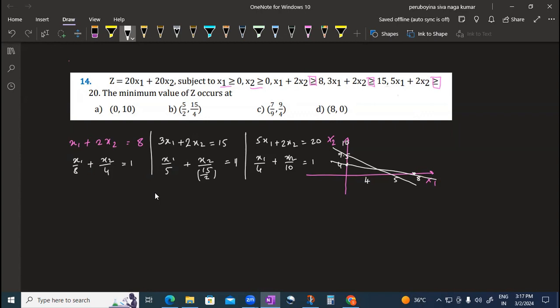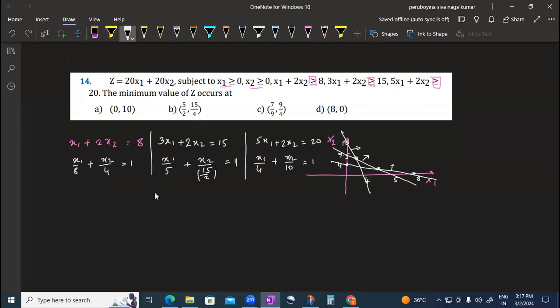Here you can see that there is a point of intersection. We will see later what this is. And the third constraint x1 by 4, x2 by 10, that means this part. So here is a point of intersection. All are indicating an upside shading portion.